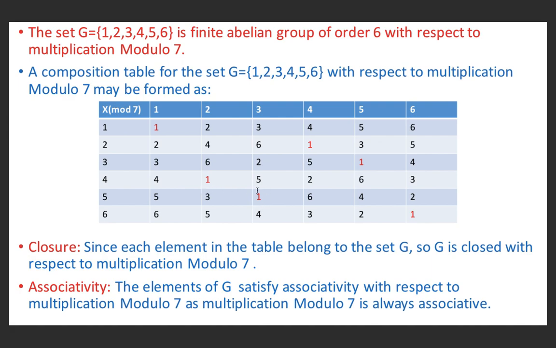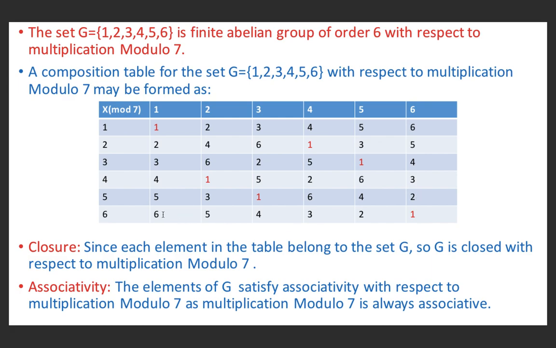The remainder is 1. 5 4s are 20. The remainder is 6. 5 5s are 25. The remainder is 4. 5 6s are 30. When we divide it by 7, the remainder is 2.